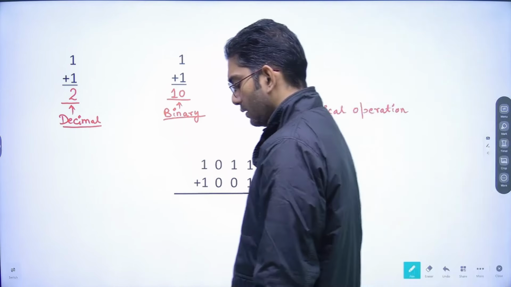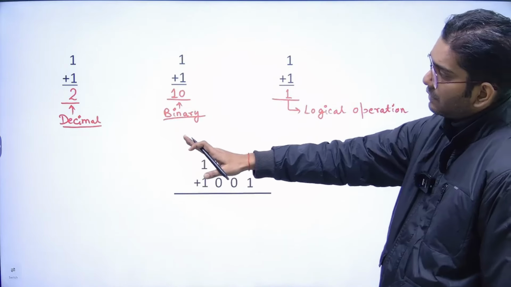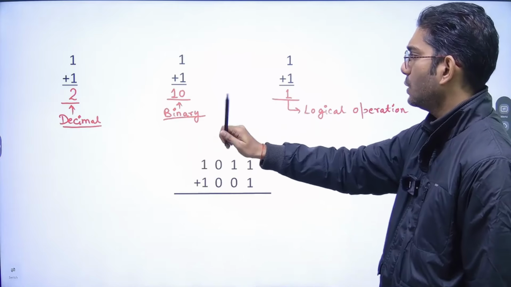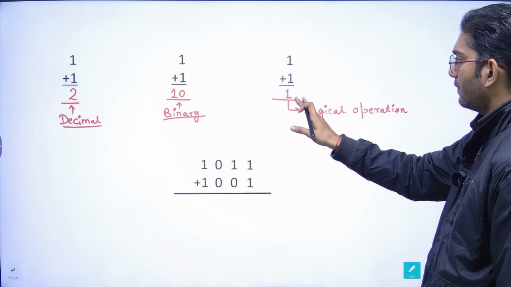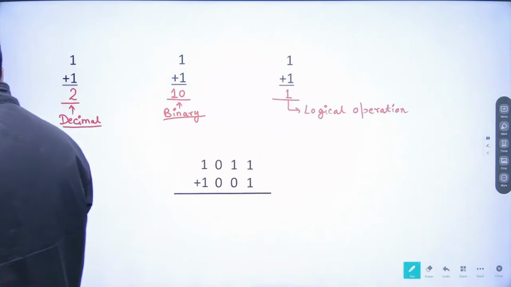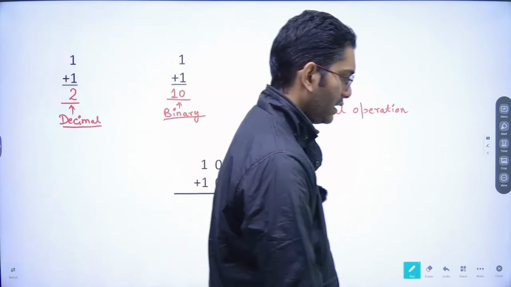So 1 plus 1 gives 2 in decimal, 10 in binary, and 1 in the logical operation case.